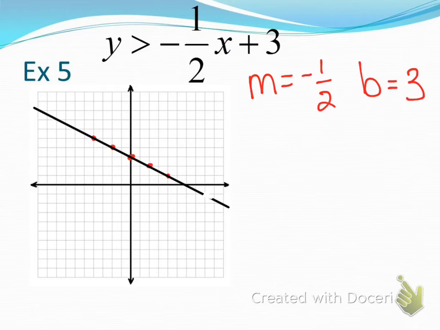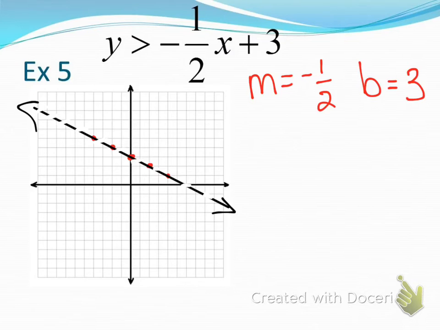So if you want to, you can do that. Just use an eraser to turn it into a dotted line. If you would rather just put a dotted line, that's fine. Either way works for me, as long as your line goes all the way through the graph.